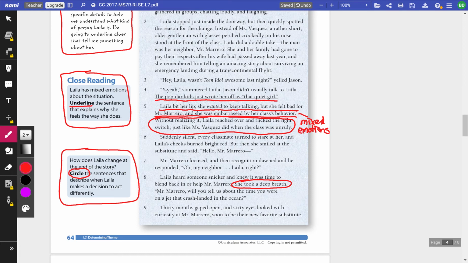She's taking that deep breath to compose herself because right now she's a little embarrassed after she's flicked the lights on and off to get the class's attention. She may be a little embarrassed. Her cheeks are turning red. And whenever she takes a deep breath, we know that she's about to advance herself even further to act differently in order to help Mr. Marrero get the class back in order.